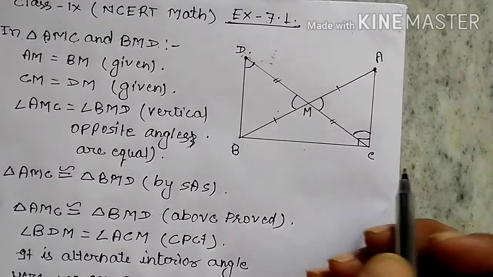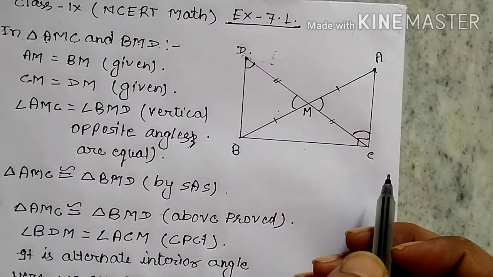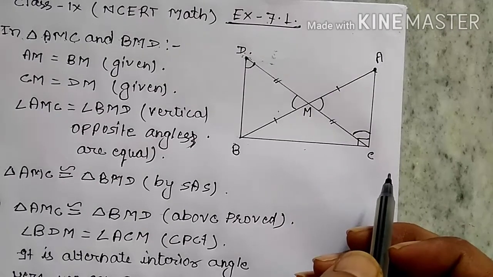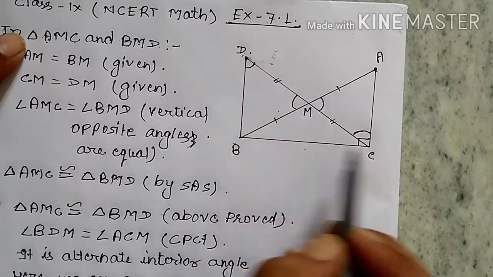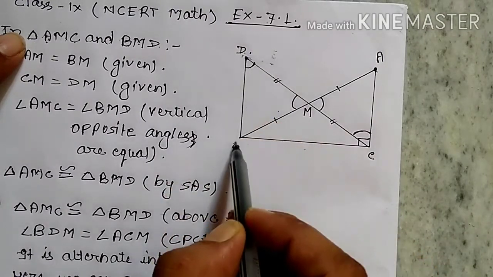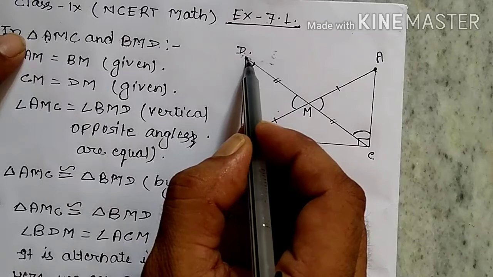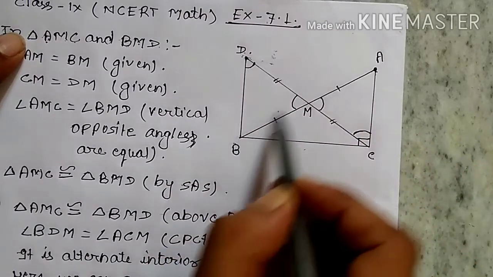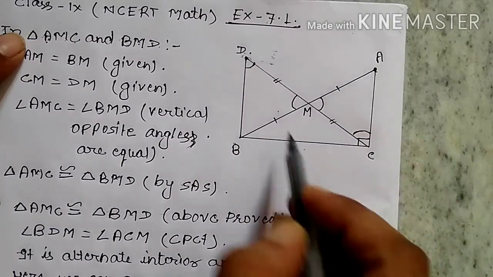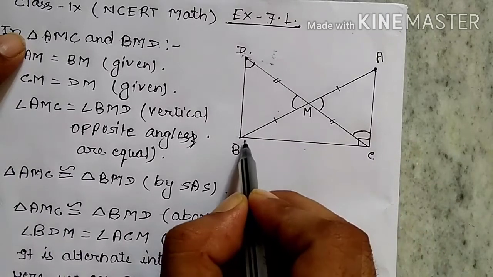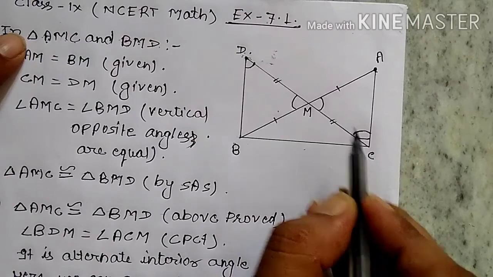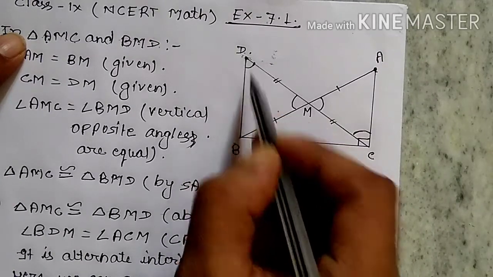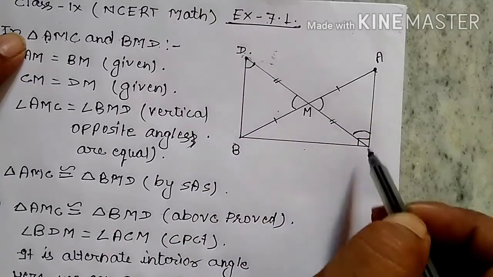In question number 3, we have to prove triangle DBC is congruent to triangle ACB. In these triangles, BC is common for both triangles, and DB equals AC.